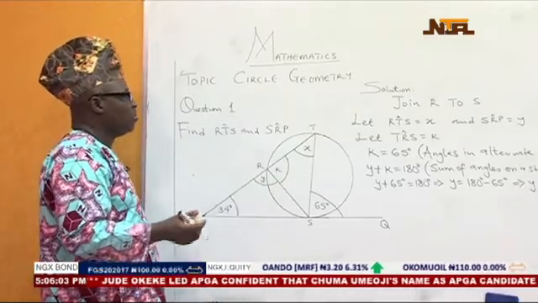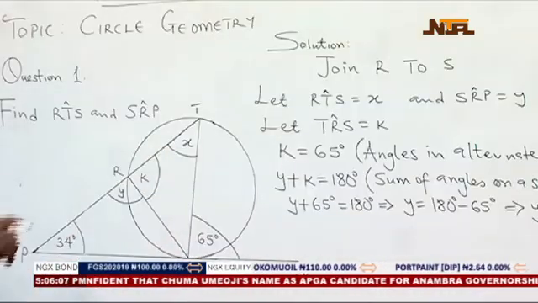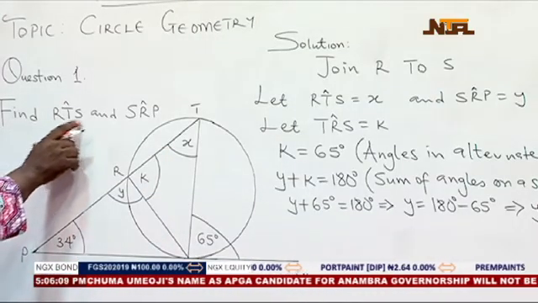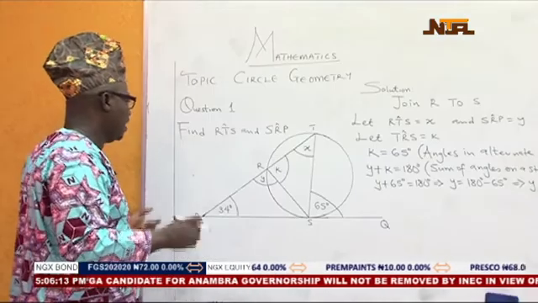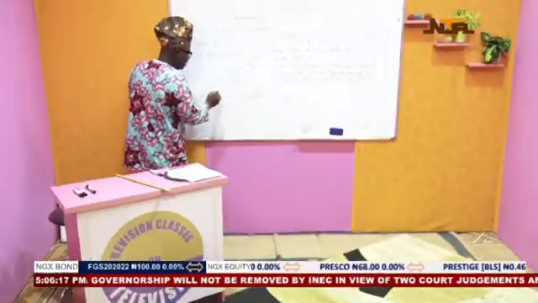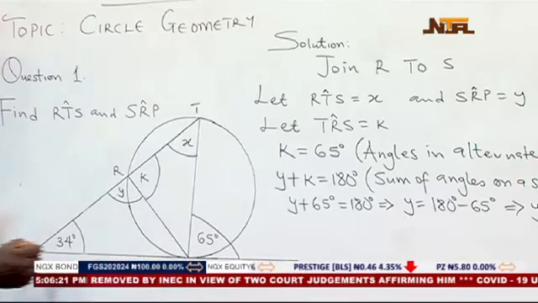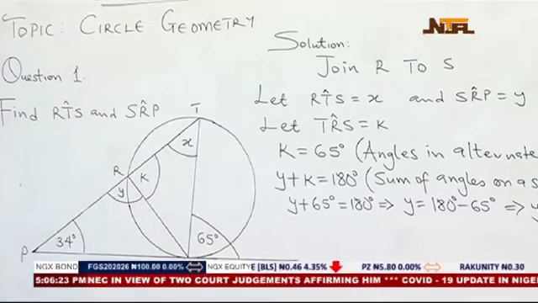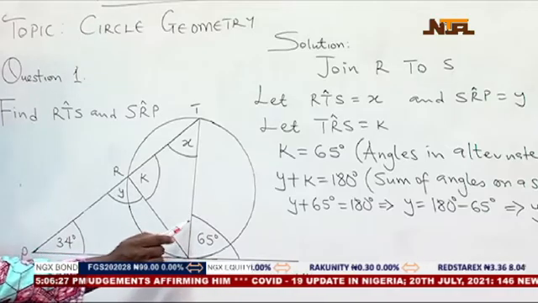The next thing we are looking for is to find the value of x, which stands for angle RTS. So at this point, I'm going to look at the triangle TPS. That is this particular triangle here. Looking at that triangle, this is the exterior angle of the triangle.